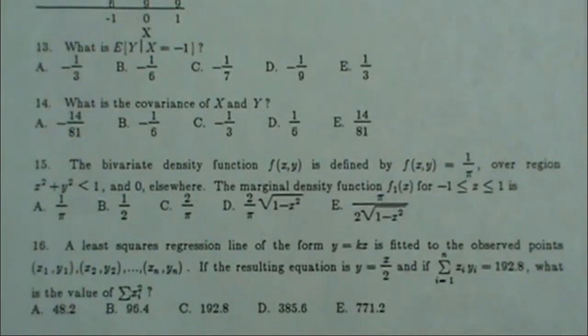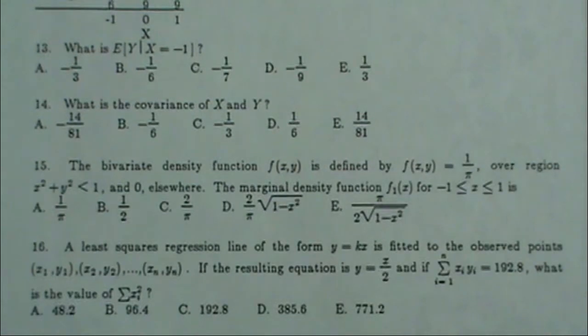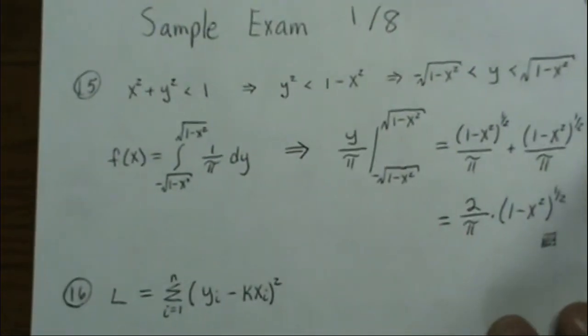Problem 15, the bivariate density function f of x, y is defined as f of x, y equal to 1 over pi over a region of x squared plus y squared less than 1. The marginal density function f1 of x for x between minus 1 and 1 is what?